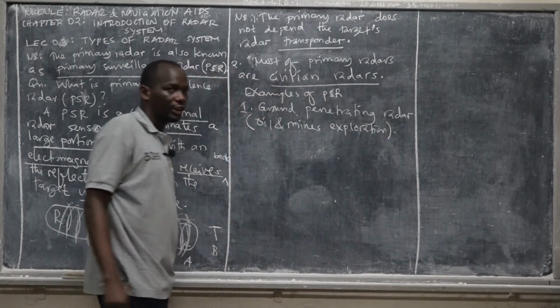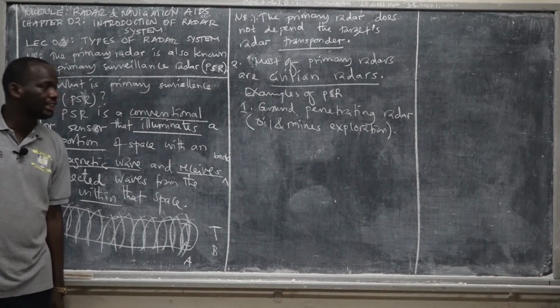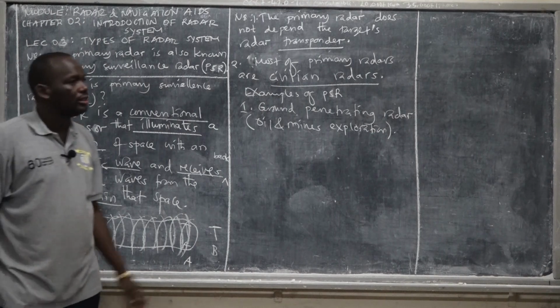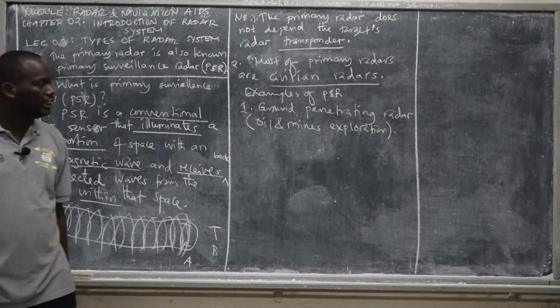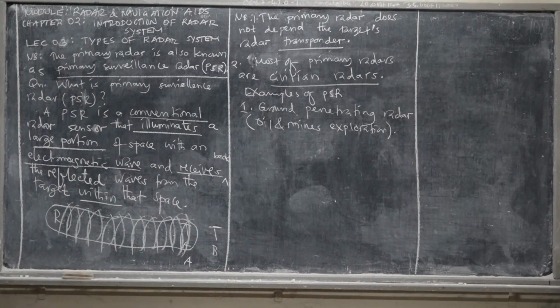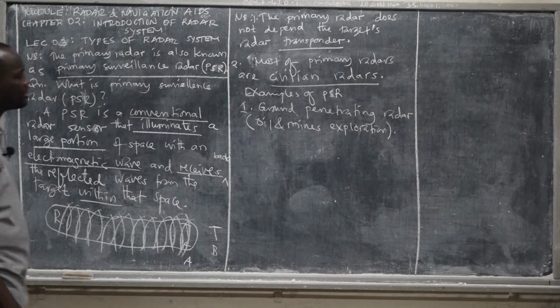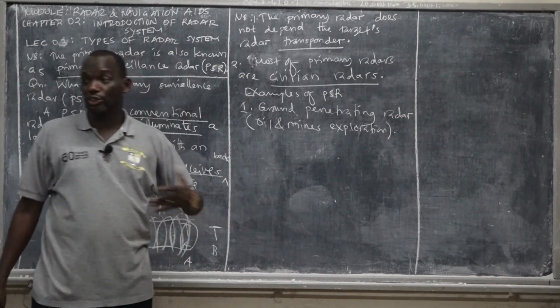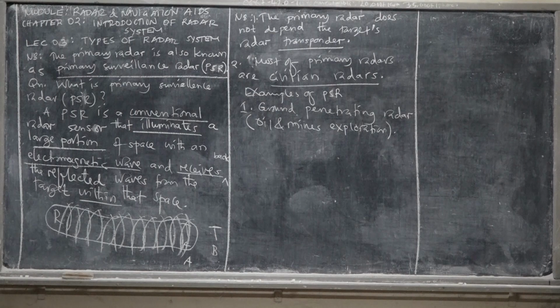Explorations. For instance, if the government predicts that we have underground oil in Lindi, sometimes they use radars, or ground penetrating radars, to examine and explore whether we have underground oil or it's not there.